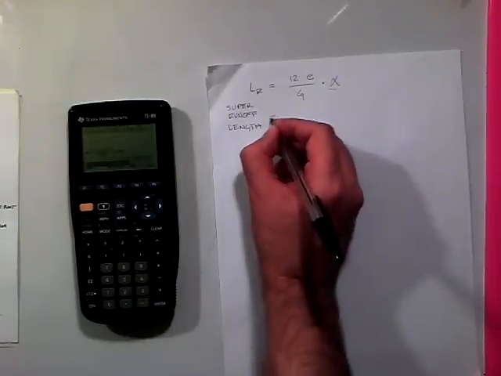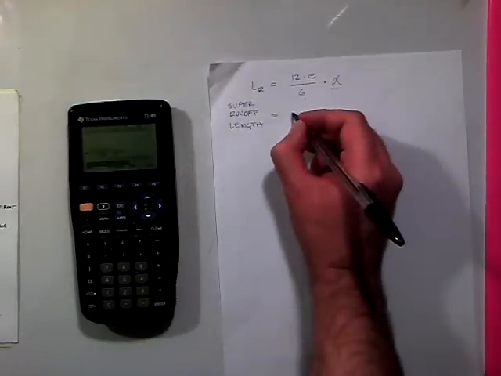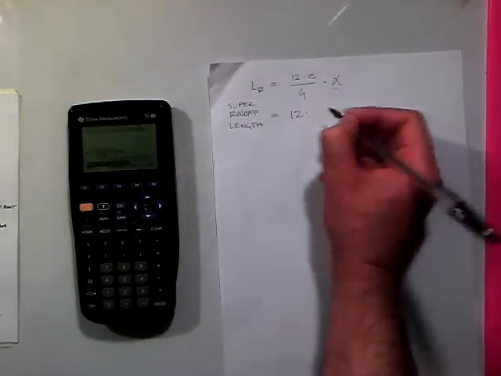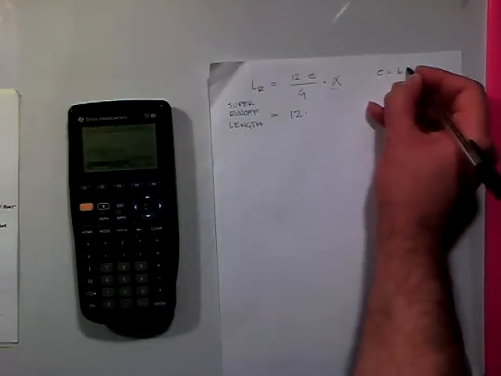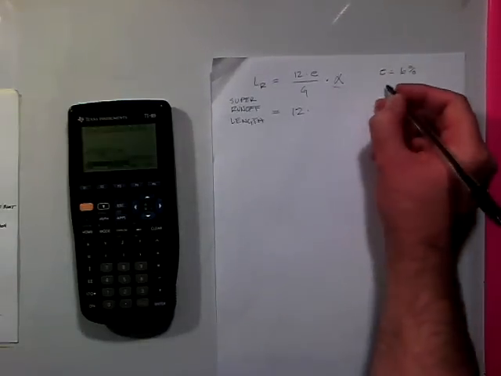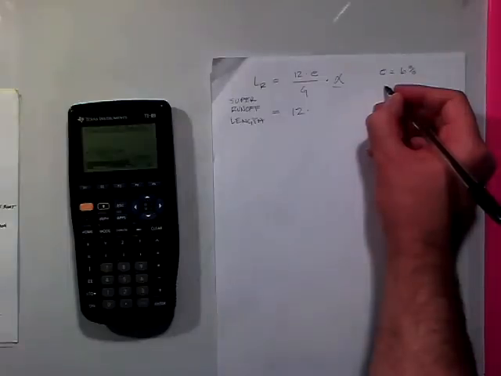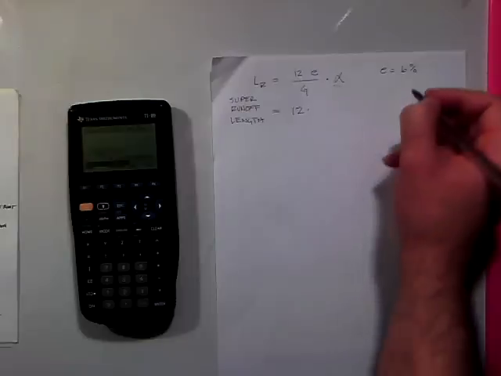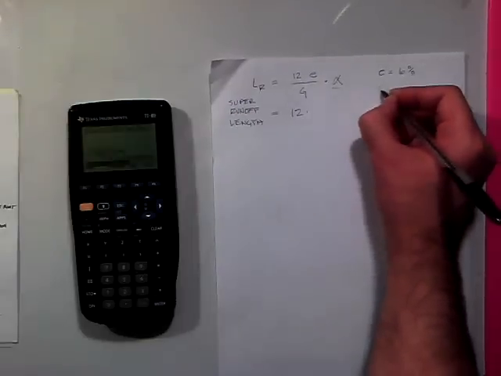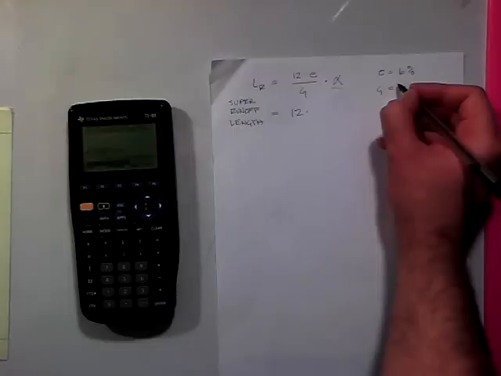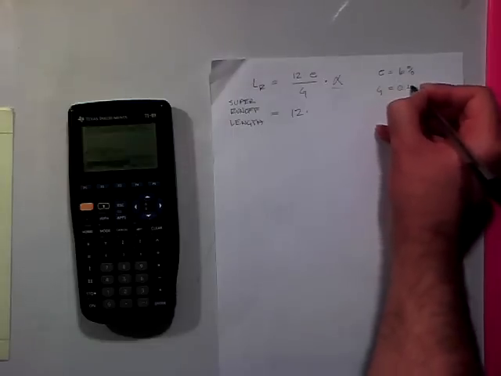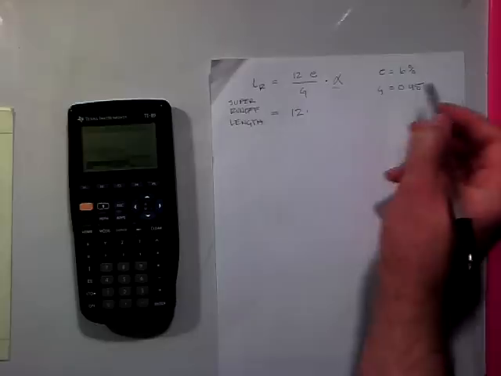And so we do 12 times E, and E equaled 6%. And our G equaled 0.45, and again that is the G you get from a table.